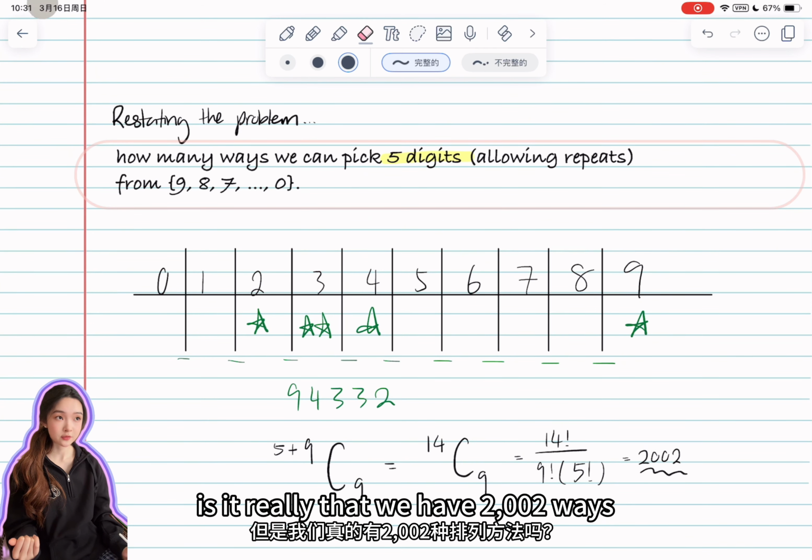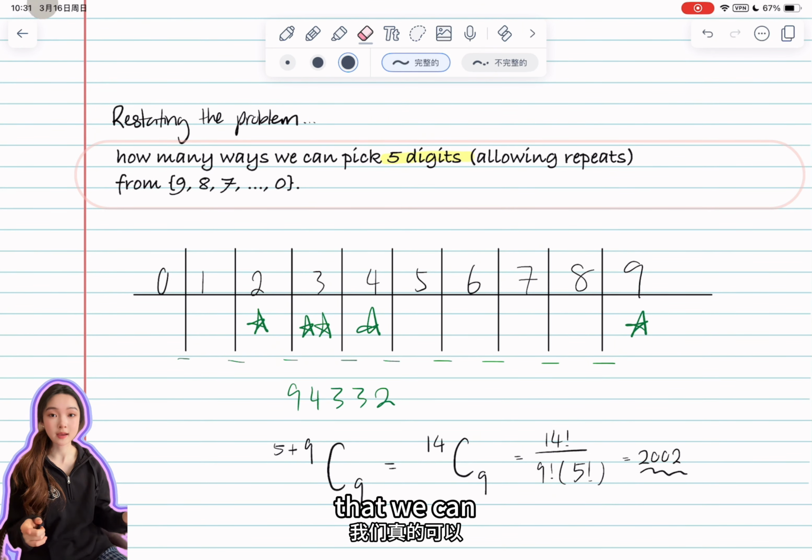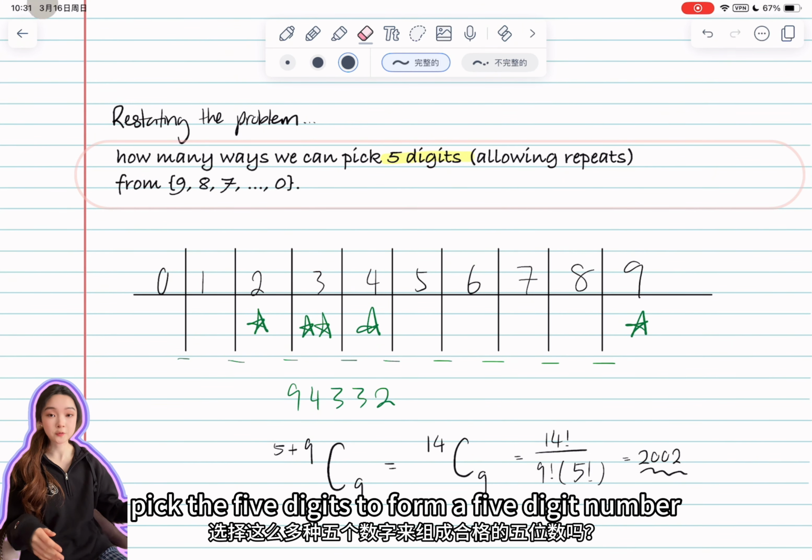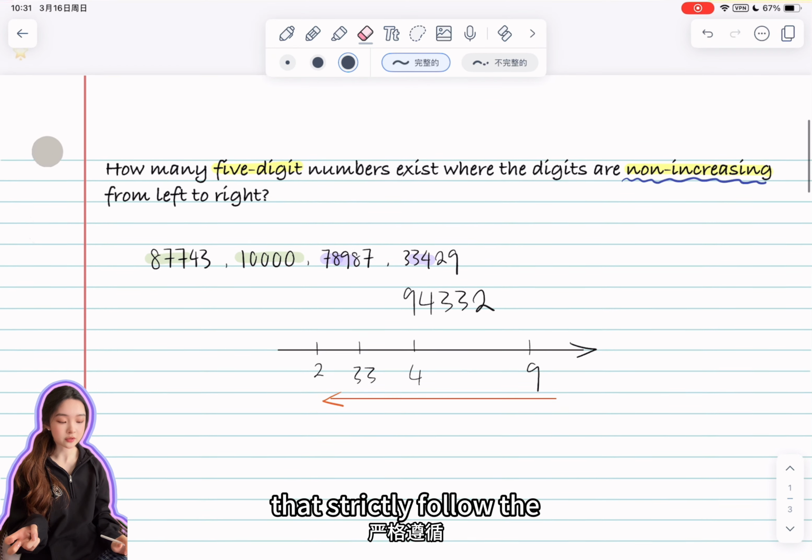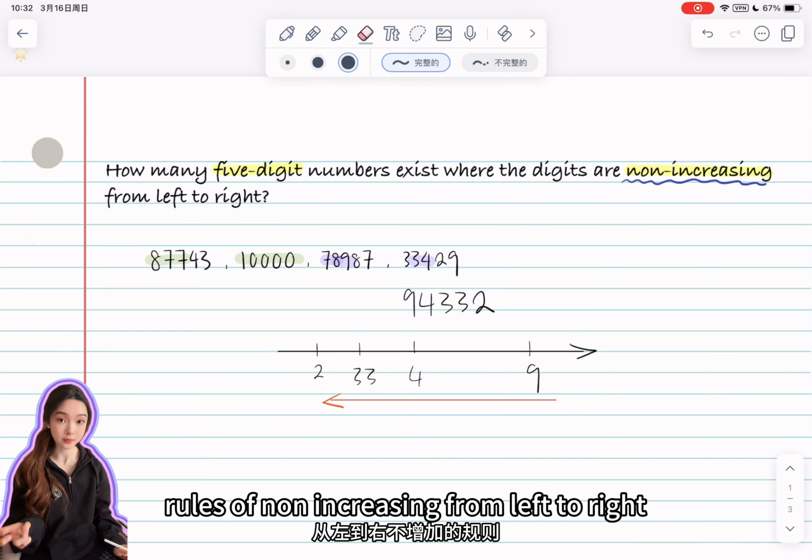Is it really true that we have 2002 ways to pick the 5 digits to form a 5-digit number that strictly follows the rule of non-increasing from left to right?